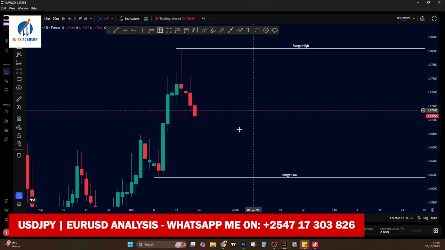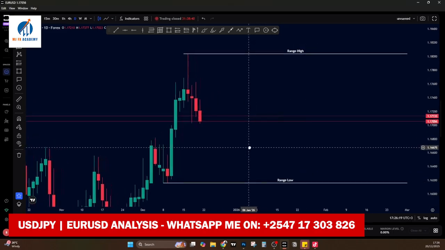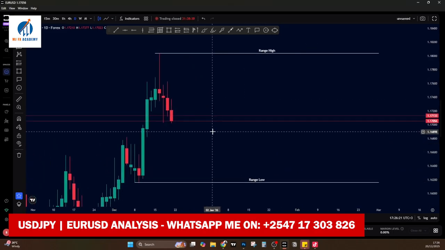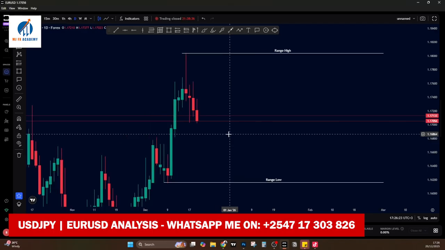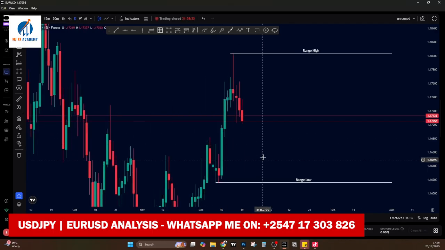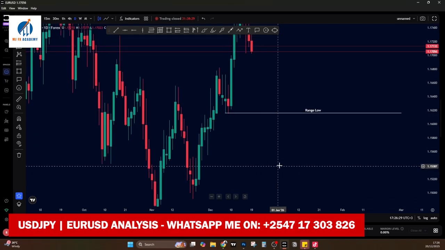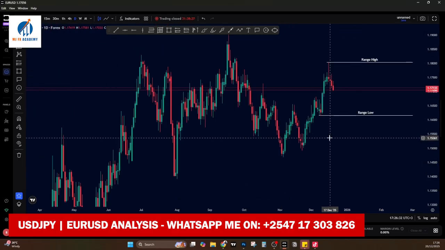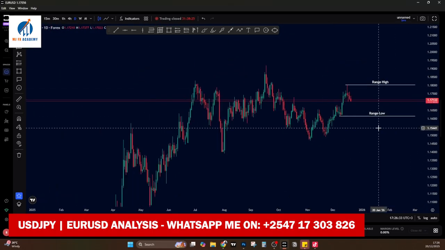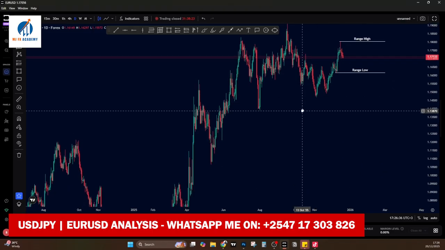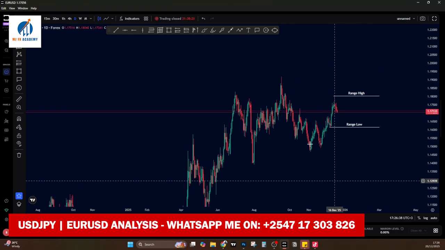So let's go to the daily time frame. Now as you can see from the daily time frame, the first thing we need to look at is what is happening in the daily. So you can see that we are bullish.